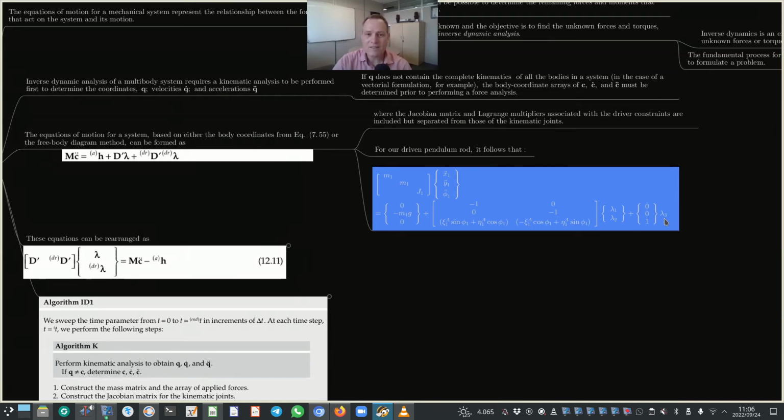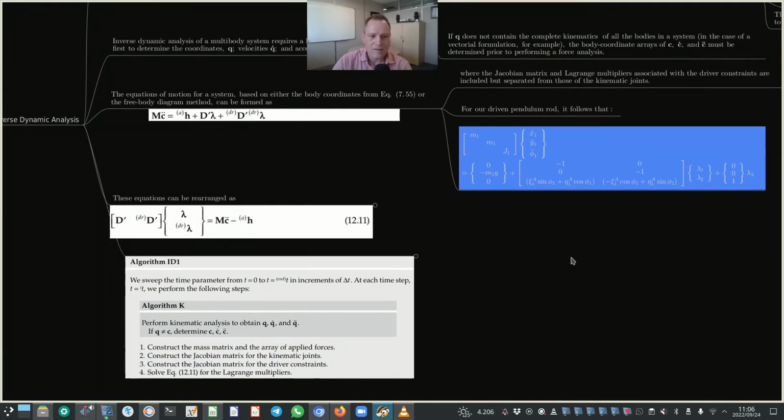Now, these equations of motion, referring back to the algebraic equation at the top, can be rearranged in this form, where we have the two transposed Jacobian matrices, the kinematic constraint equation Jacobian matrix and the driver Jacobian matrix, multiplied by the Lagrange multipliers of the constraint equations and the Lagrange multipliers of the driver constraints.